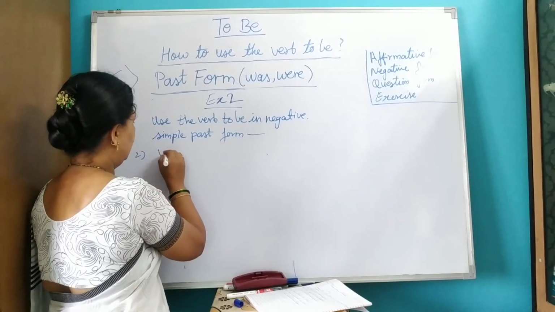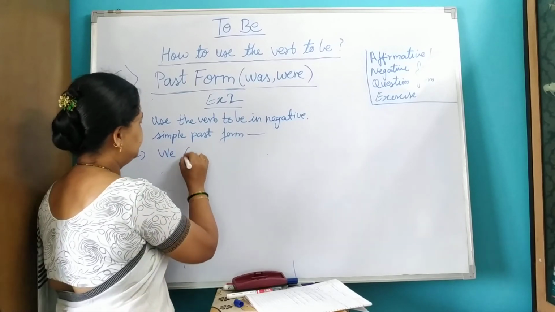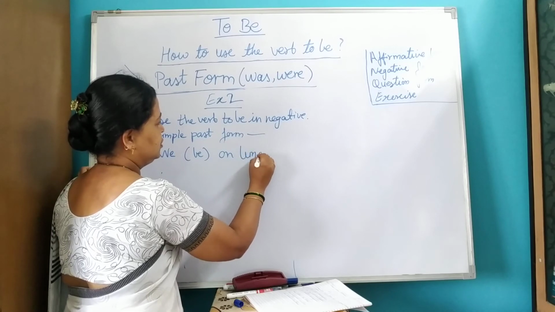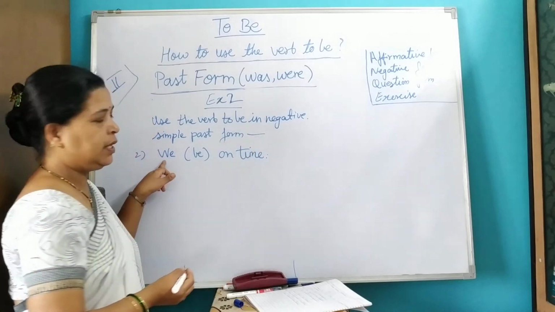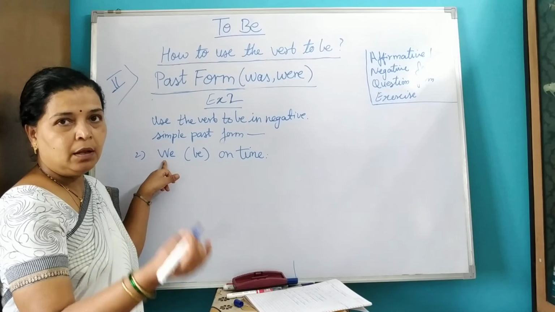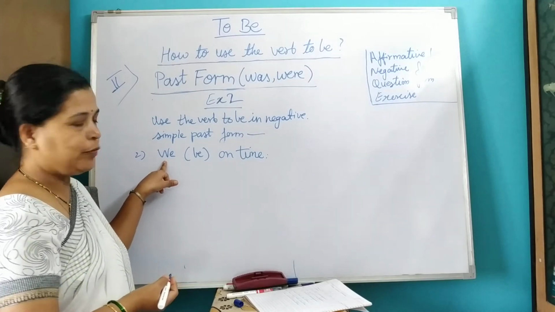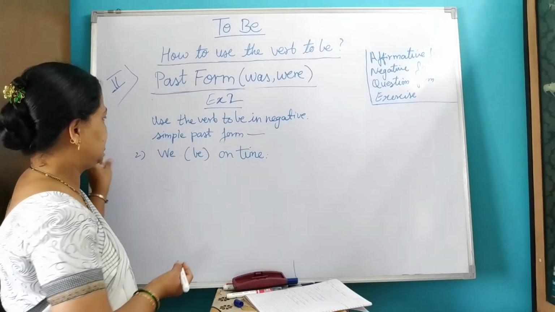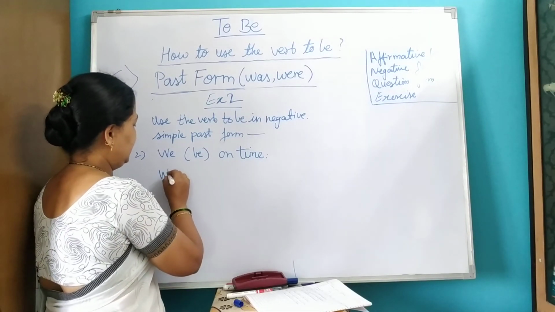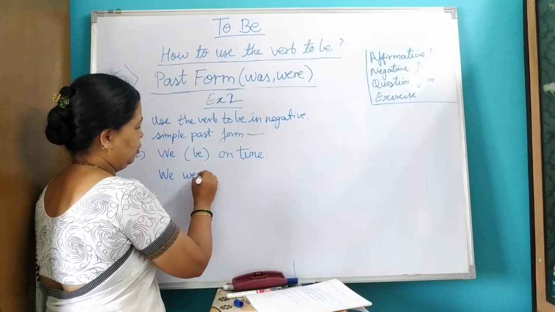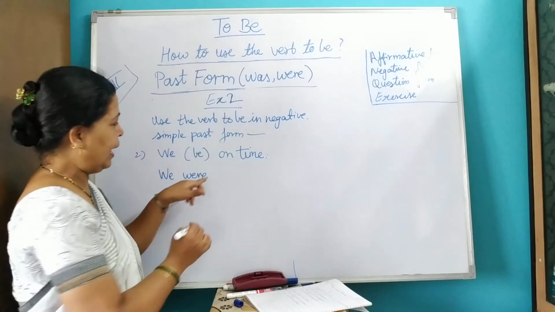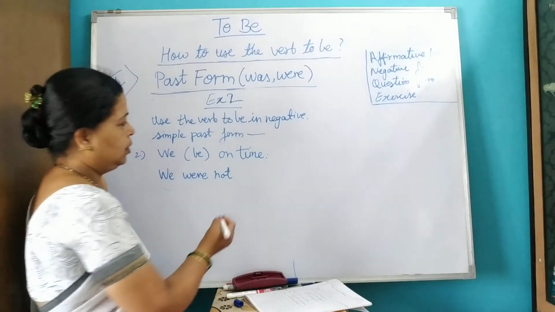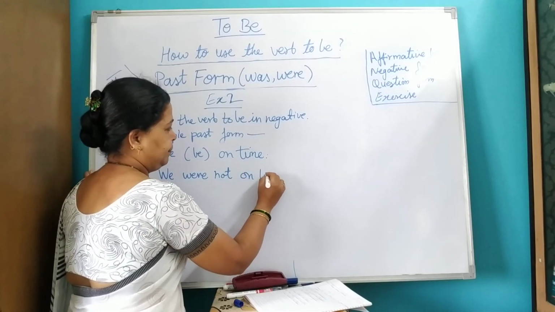Second one. We be on time. Now we is first person plural. Okay, so we have to use were with the plural subject. So we were, as it is negative, add not. We were not on time.